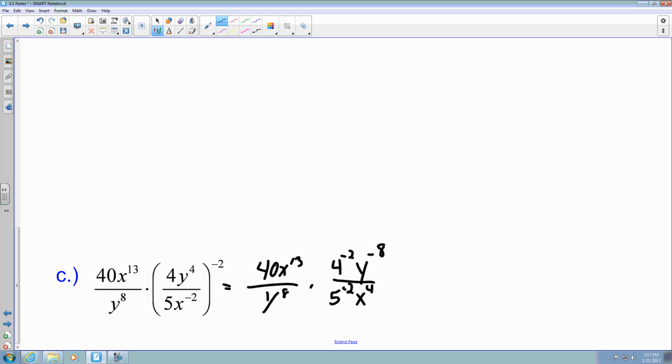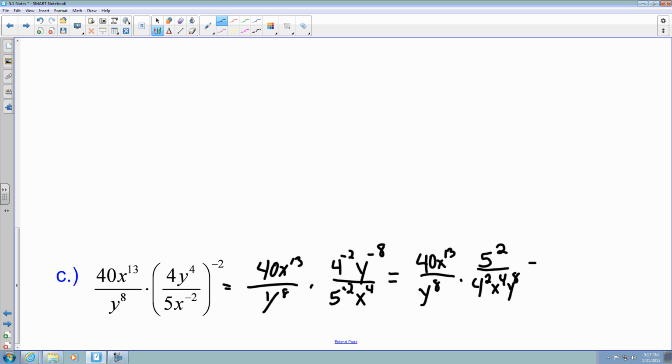Okay, so now what I'm going to do is get all of my exponents positive. So I still got 40 x to the 13th divided by y to the 8th multiplied, and what it looks like is I'm going to have 5 squared divided by 4 squared, x to the fourth, y to the 8th.